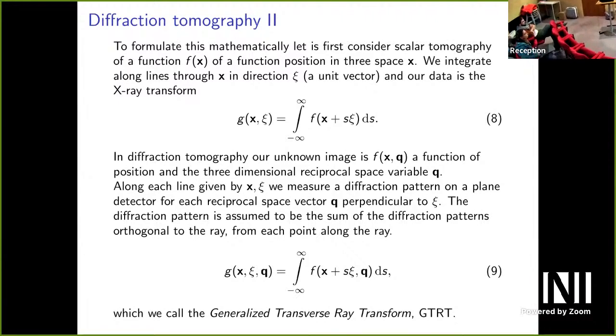We have a vector Q that you think of as reciprocal space. In other words, it's a spatial frequency vector. Reciprocal space vector. So the length of this vector is the spatial frequency that it's talking about, and it's also got a direction.